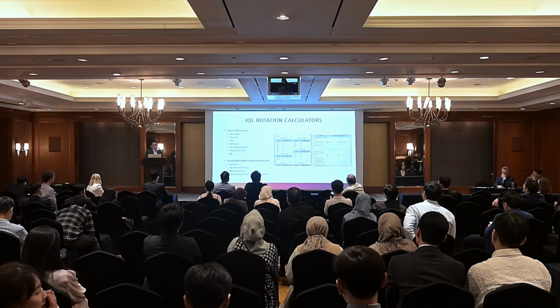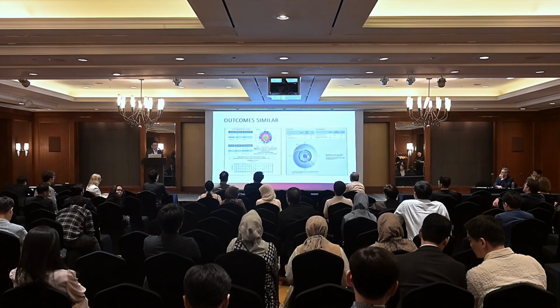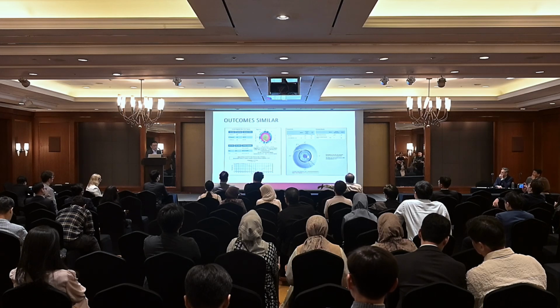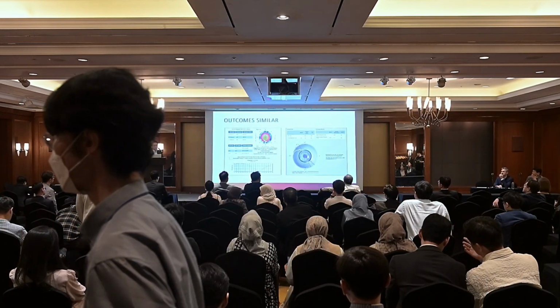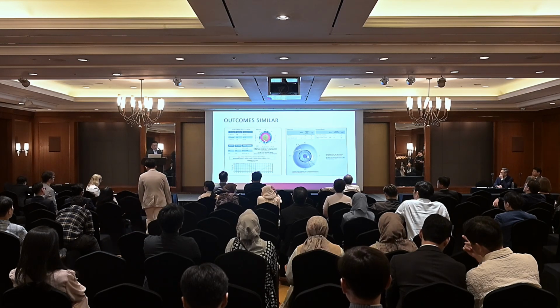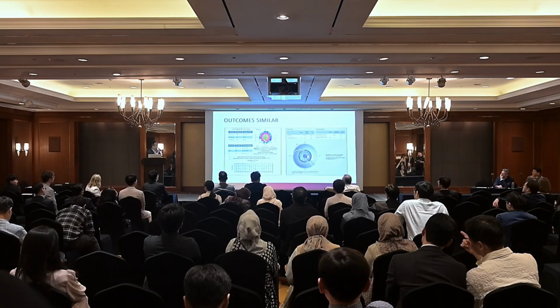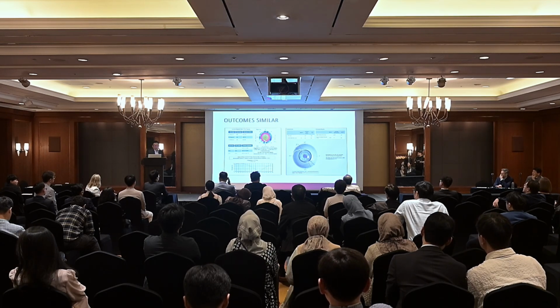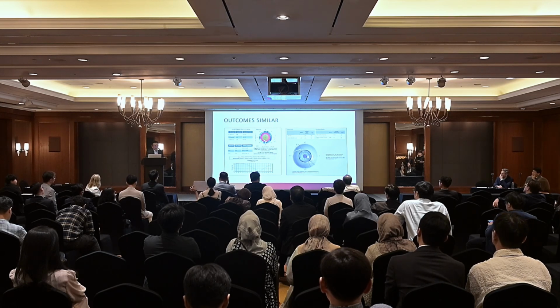So the impact of this for toric lens is actually very low, so the difference is not that big. So that's why the outcomes are quite similar. Same type of patients, more parameters needed for the Barrett, fewer parameters needed for the Astigmatism Fix. So Barrett predicted rotating to 116 degrees, whereas the Astigmatism Fix predicted rotating to 117 degrees. So really about the same, not much difference.